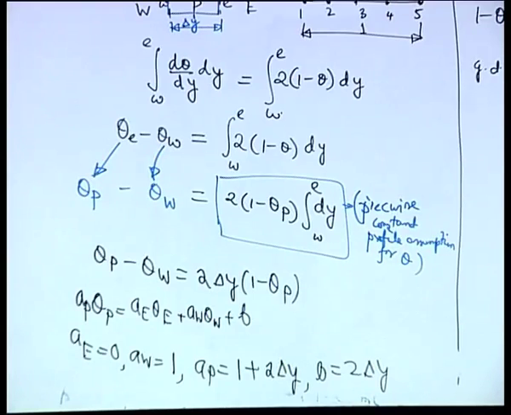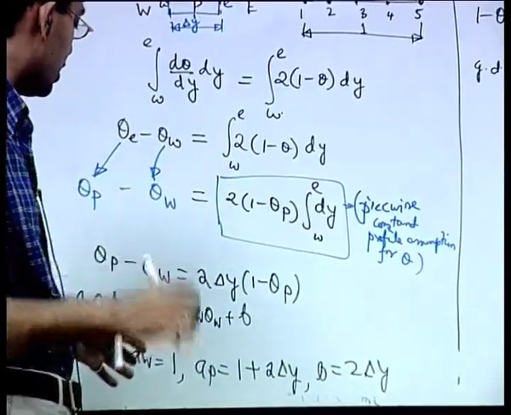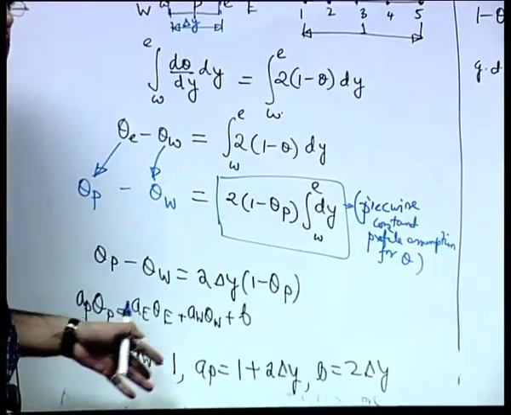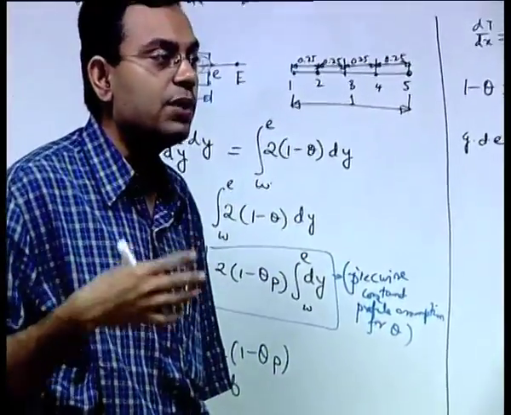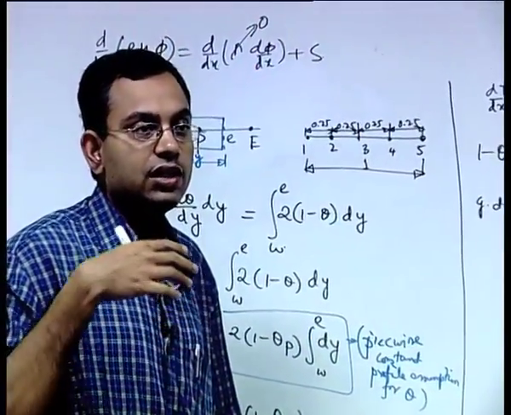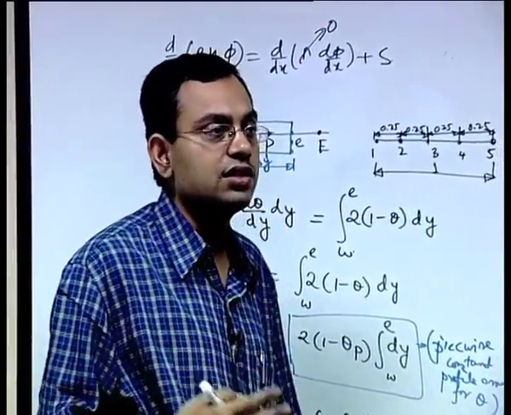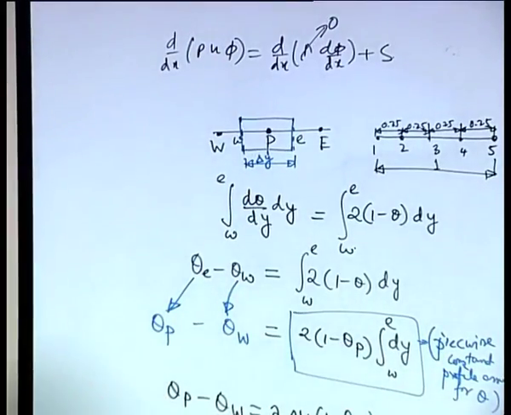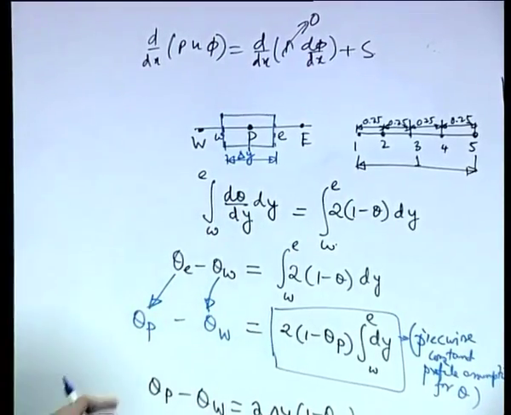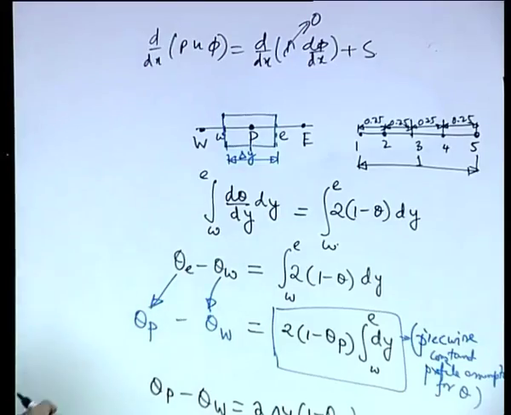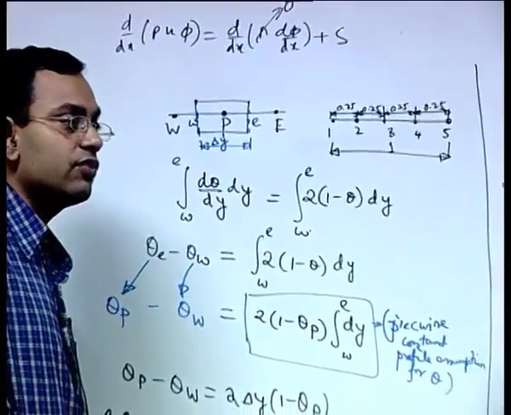Again you see, never keep certain things like a magical formula, like AP is equal to AE plus AW. Because in many examples you have AP equal to AE plus AW, there is a tendency to think that should be the common case rather than the exception. That is not obvious. Depending on whether there is a source term present or not, and maybe a few other factors, whether there is an unsteady term or not and so on, you can have AP which is different from AE plus AW.